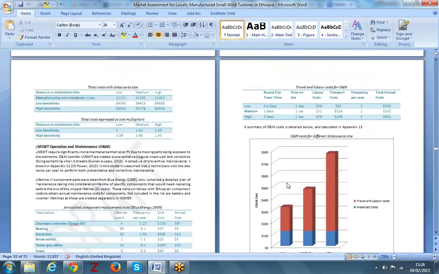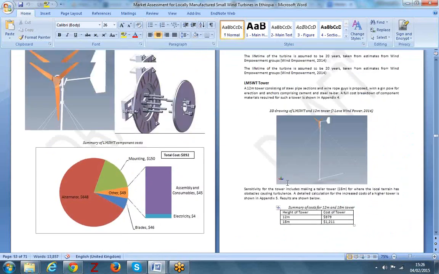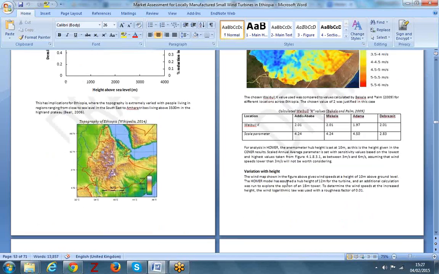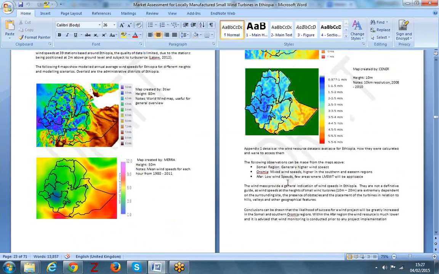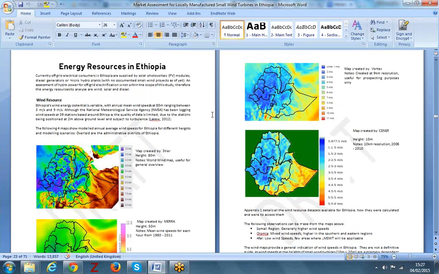I think it's really good that you've included so many, but I think it would be good to have a bit more discussion as to which one you chose, why you chose it, and then you've done a great job of the sensitivity analysis for the diesel price, for the remoteness of the community as in the travel time, but I think it would be good to do a bit more on the wind resource itself.